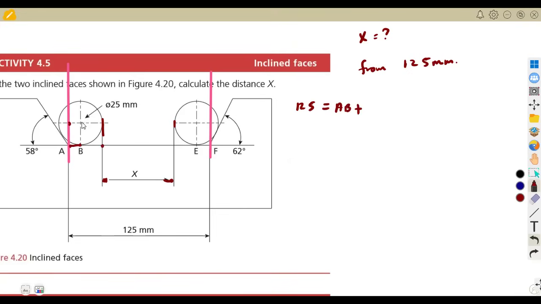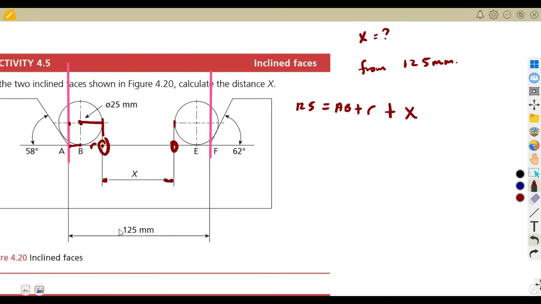From B to this point, it is the same as this point to this point, which is from the center. So it is a radius. So we've got a radius plus from this point up to this point, what we have got is x.